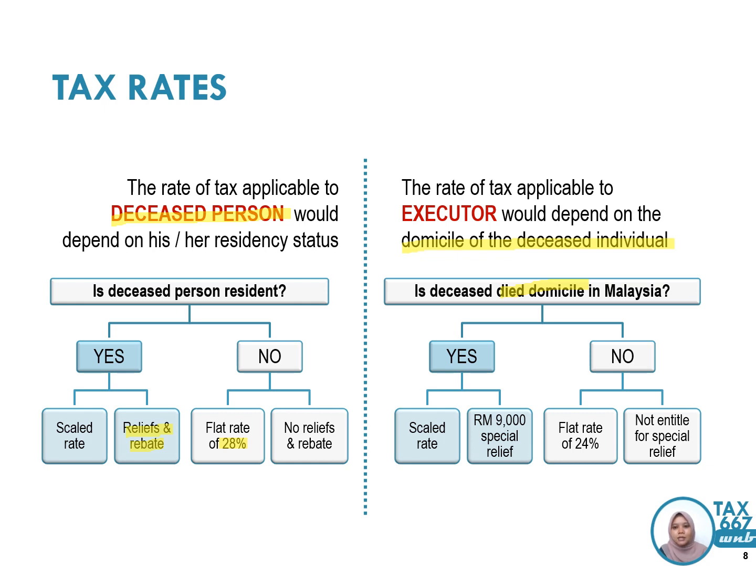While if the deceased died not domicile in Malaysia, kita akan terus pakai flat rate of 24% and not entitled for any special relief. Tu beza dia. Deceased person, tengok dia punya resident status. While for executors, kita akan tengok si mati tu died domicile in Malaysia ataupun tak. Sekarang, the question is, apa maksud domicile?